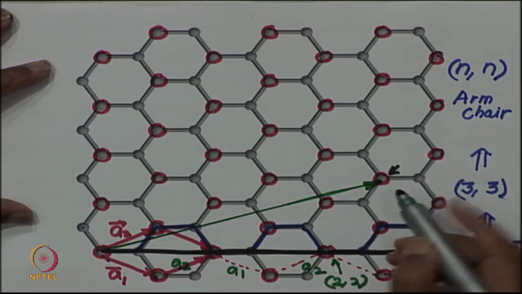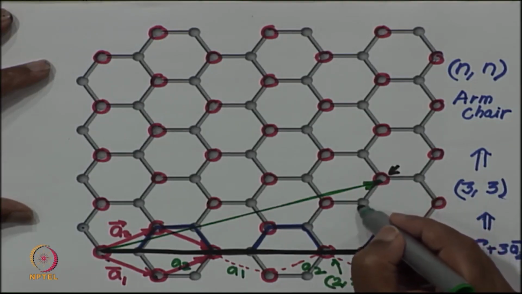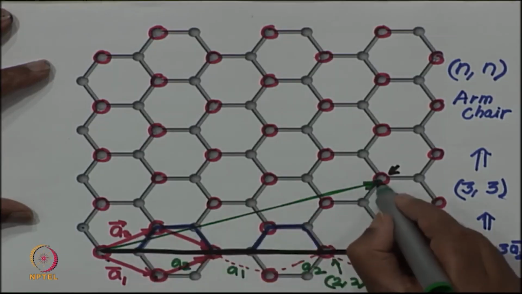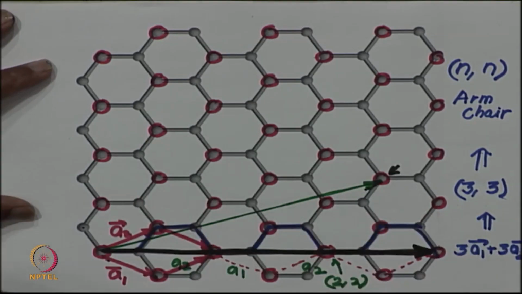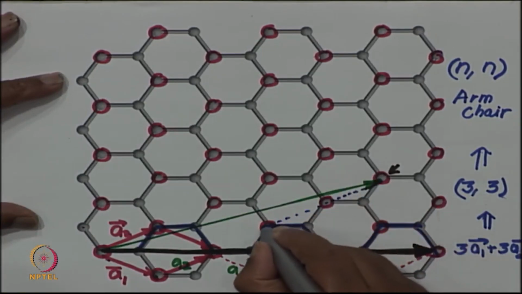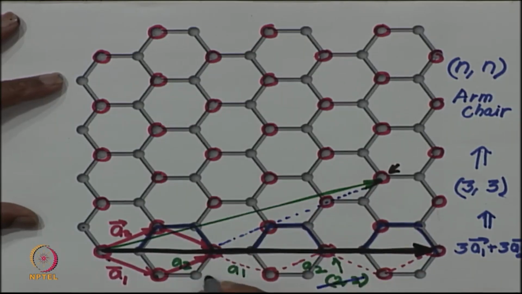Sorry, this is not parallel to that. So, I should go parallel to this direction. I had overshot. This is a line which is parallel to my A2, so I should come only up to this much. So, not 2 2, but 1 1.